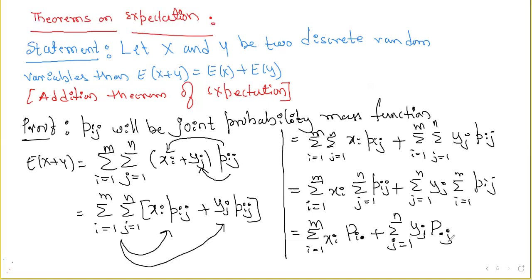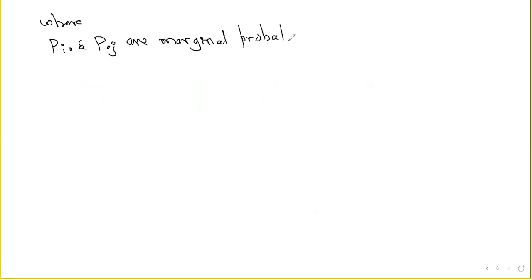Here, p i dot and p dot j are marginal probabilities.